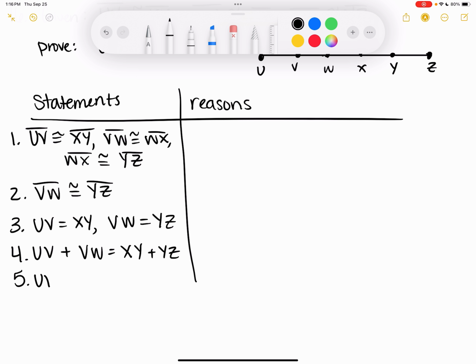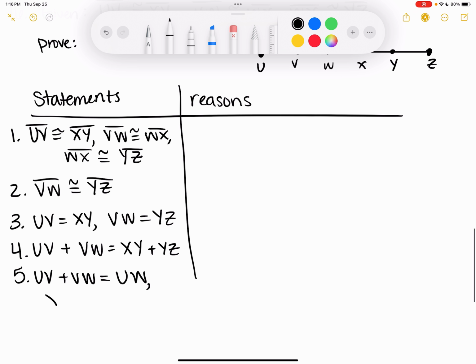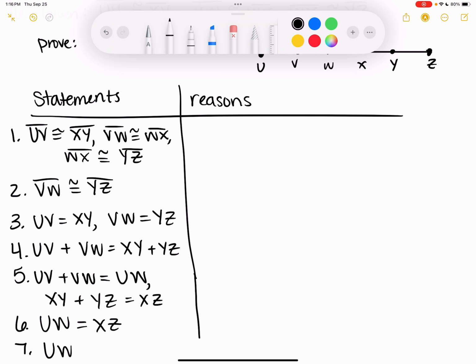UV plus VW is equal to UW. And I'm going to go on to a second line, but it's still all statement 5. XY plus YZ is equal to XZ. Statement 6, UW is equal to XZ. And then 7, UW is congruent to XZ.